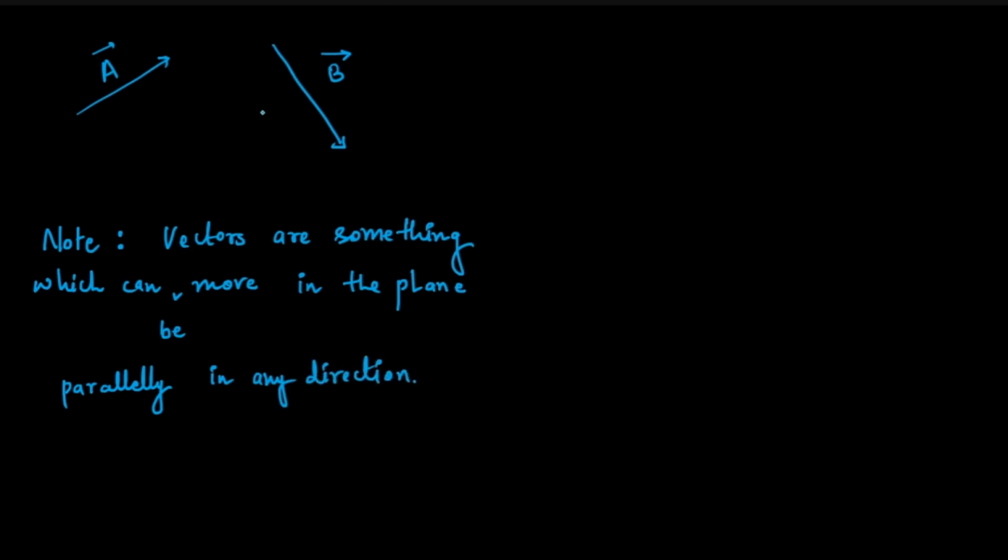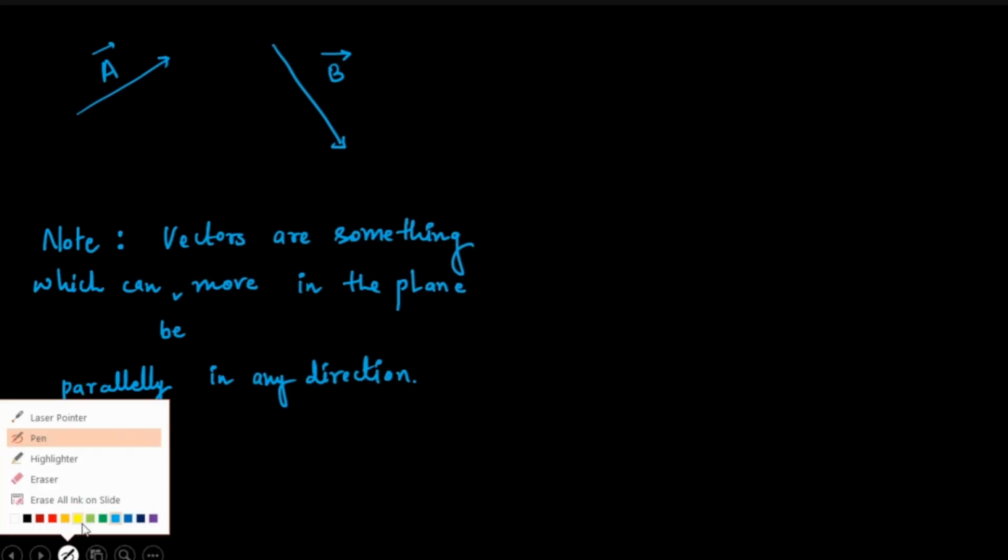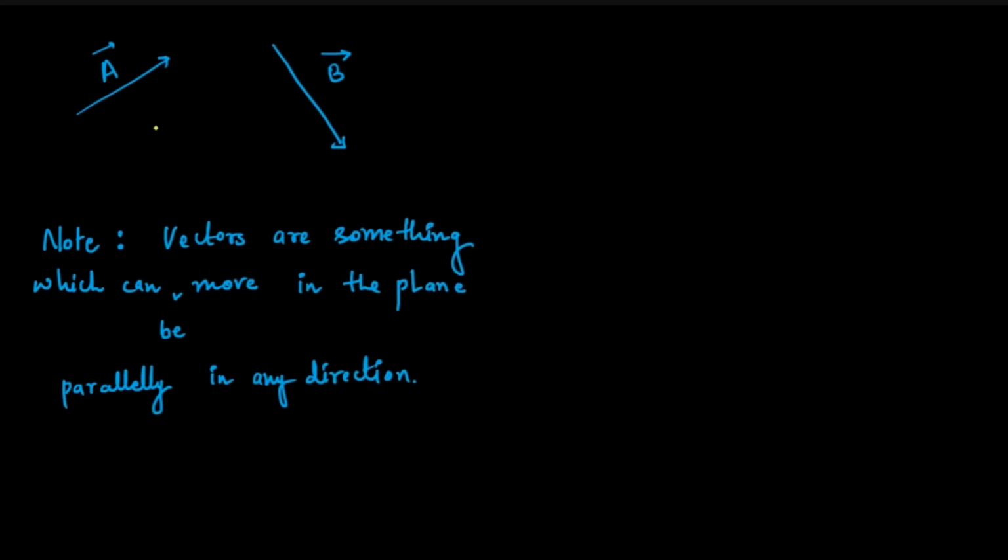Like for example, if these are the two vectors and I want to move these two vectors, I can move them randomly in any plane, leftwards, rightwards, upwards, downwards, anywhere, keeping their orientation unchanged.